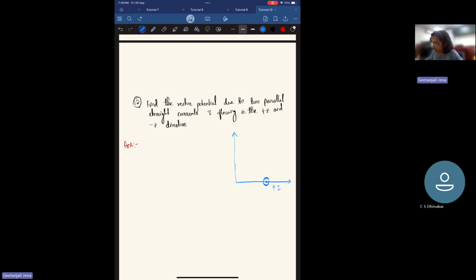Let us say there is a current carrying wire which is perpendicular to the xy plane and carrying current in the positive z direction, and we are finding the potential at the point P, which has some arbitrary coordinates x, y, z, and in the xy plane this distance is r.